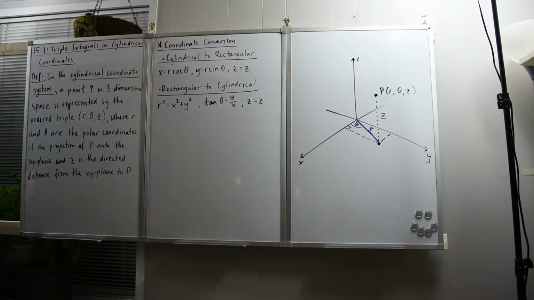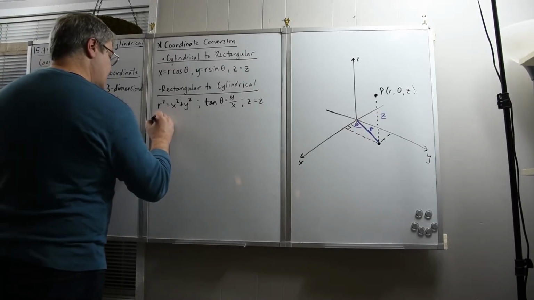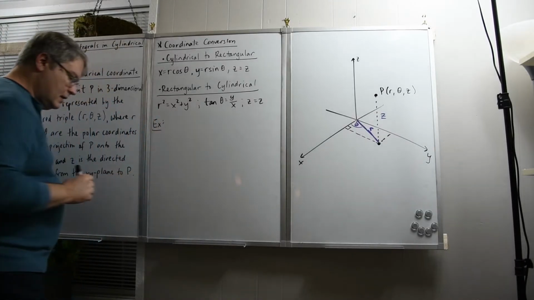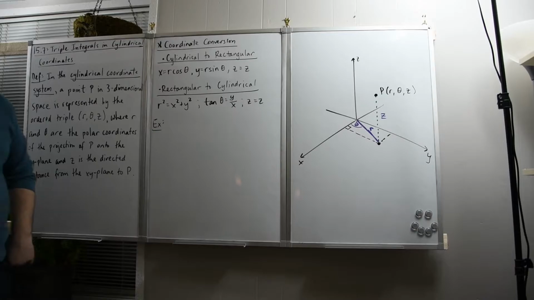And so let's take a look at a couple of examples. This example will contain a part A in which we are going to go from cylindrical to rectangular coordinates for a given point, and part B will be a part where we go from rectangular to cylindrical coordinates for a given point.